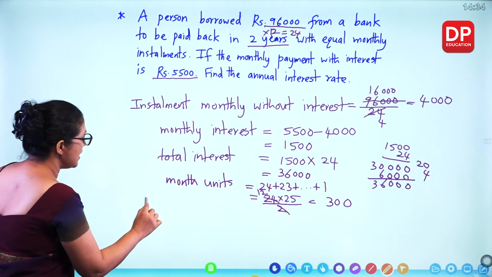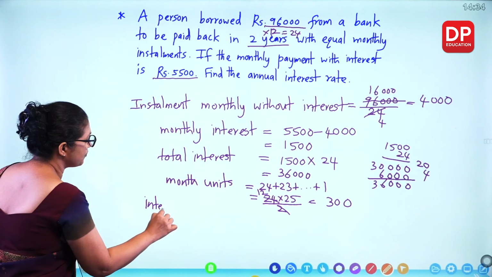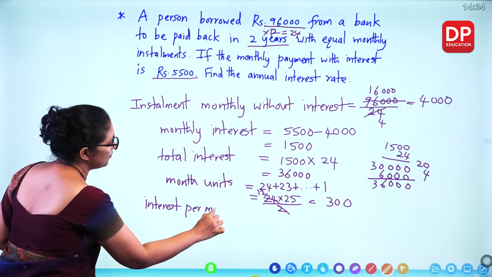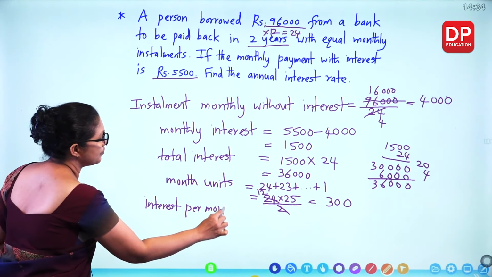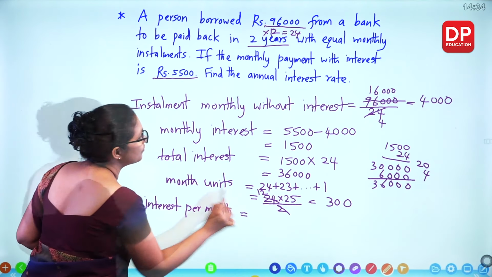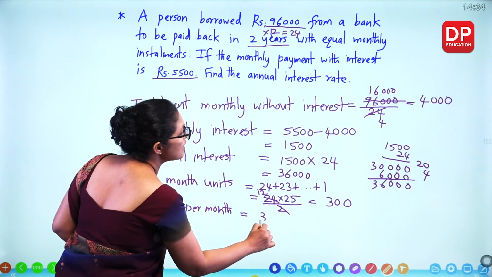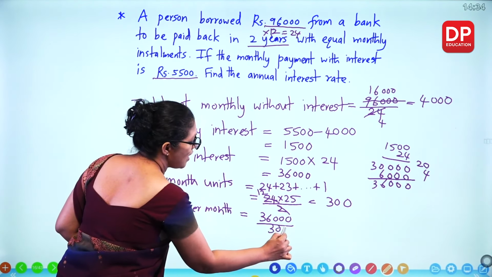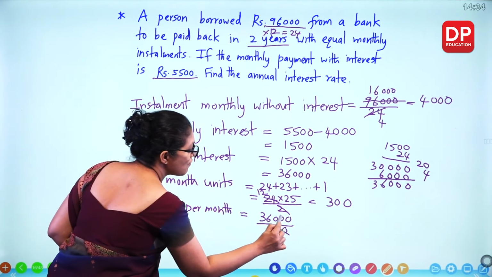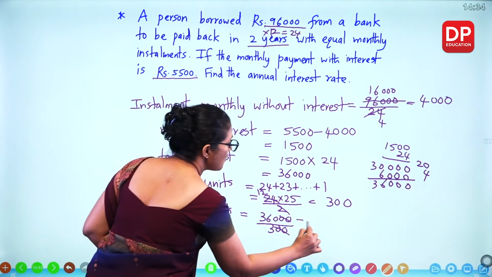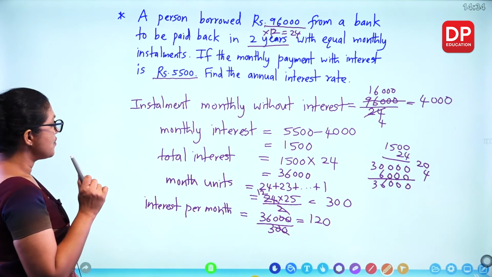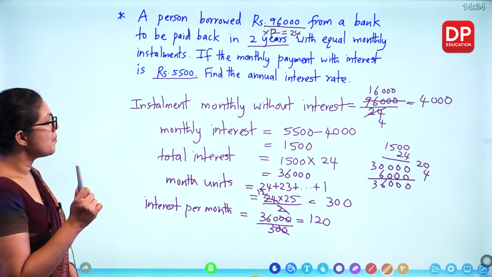So what's the interest per month? So 36,000 divided by 300 month units are there. So divide by this, you get 120 rupees. Now interest per month is 120 rupees.